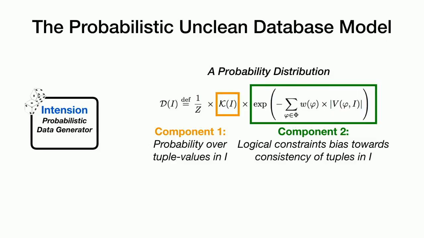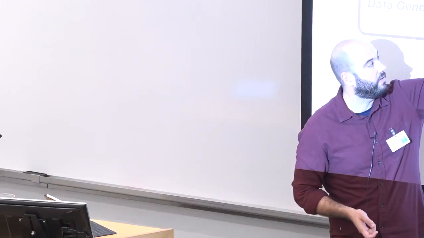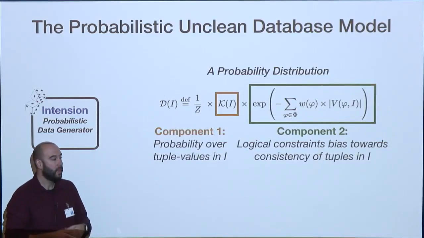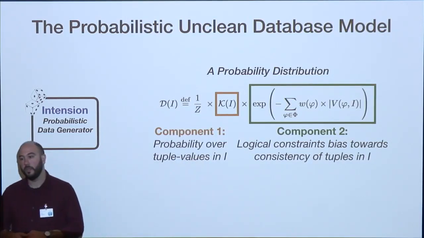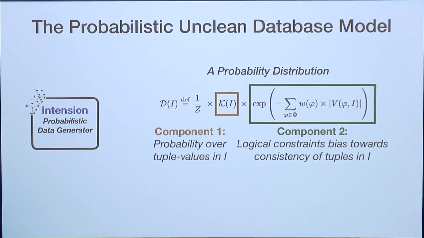For instance, if I want to model how correct data should be generated, I can do that by enforcing a certain probability over my raw correct tables. Then I can also have another component that captures the fact that integrity constraints should hold in the clean version. While integrity constraints have been used as a tool to find errors, they should actually hold in the clean version.